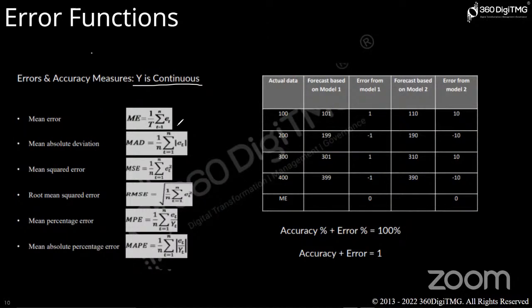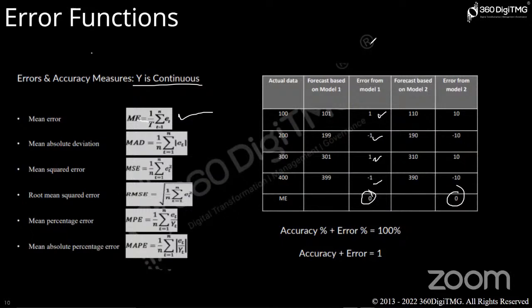Okay, mean error is this one. Mean error we cannot use directly because if we have data like this and we find the mean error, it comes out to be 0 even if we have high or low values. Still it is coming 0 for both.